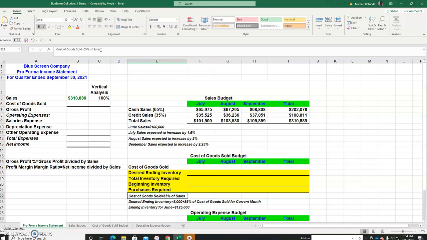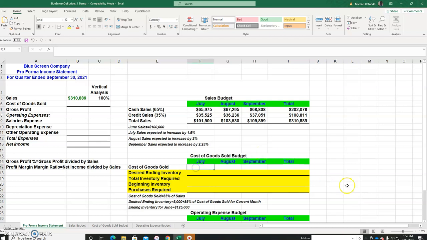Sometimes they call this the purchases budget. For the pro forma income statement, we only need the cost of goods sold. This other stuff will become important when we do the financial budget and do the pro forma balance sheet.